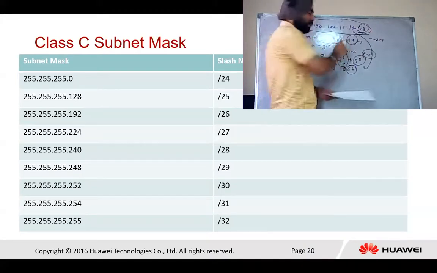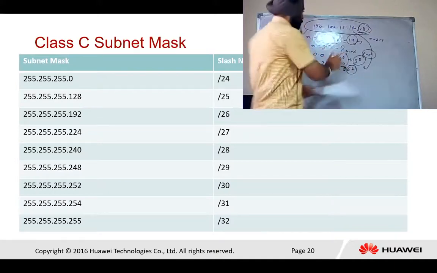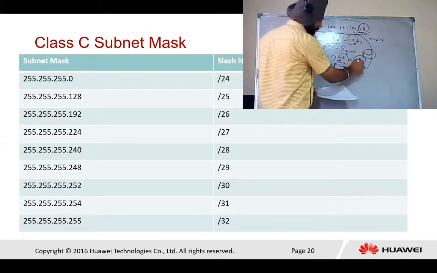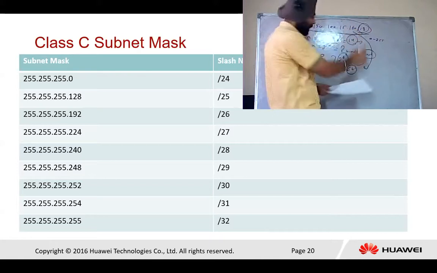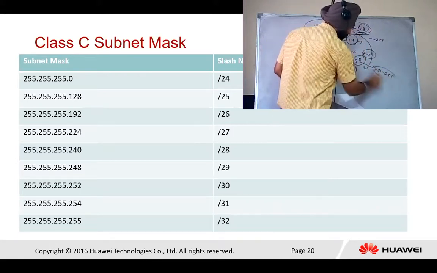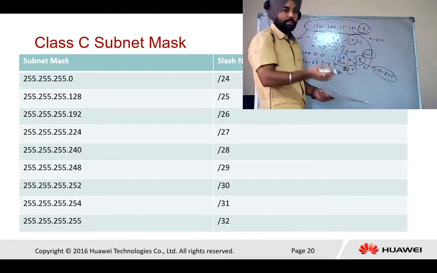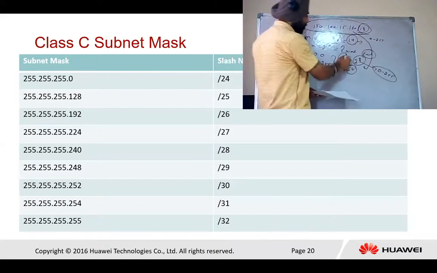That means we need 6 bits from the second octet. 2 raised to the power 8 from the first octet means the value is from 0 to 255, because this complete octet is assigned for the host addresses, and the rest of the 6 bits are specifically for another octet.